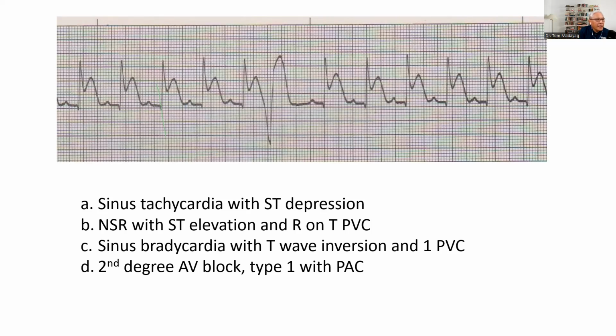Okay, so it looks like a lot of you were able to identify the abnormality over here. There are 2 abnormalities. One is the ST segment, and the other is the presence of a PVC. But let's look further. The rate of this particular strip looks like 100, so that's normal sinus rhythm.